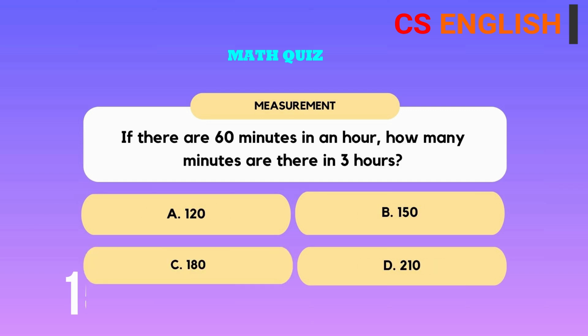If there are 60 minutes in an hour, how many minutes are there in 3 hours? A. 120, B. 150, C. 180, D. 210.